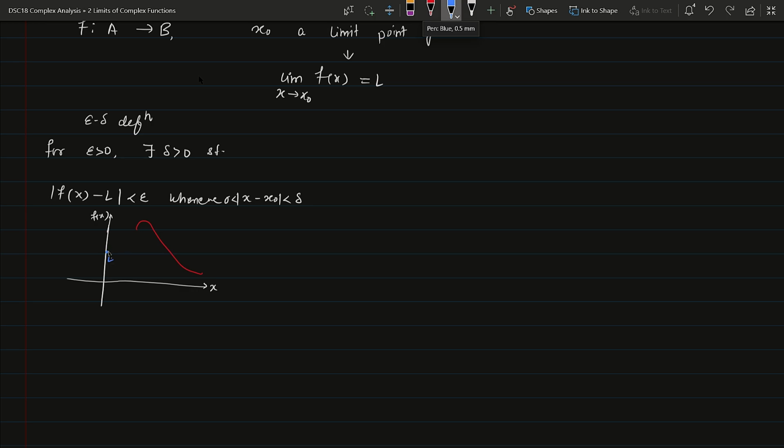Then for every given epsilon we have, suppose this denotes the epsilon.